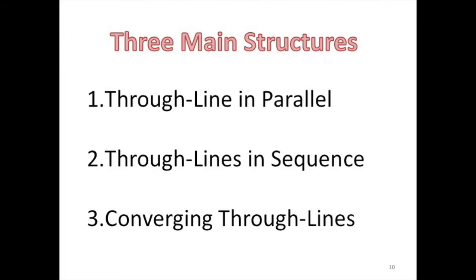Or there's through lines in sequence, where you typically have a group of people that come together and they're then split into their own individual storylines and reconverge at the climax. Or you have the converging through lines, where each character is introduced, they have their own storyline until you get to the climax, when the storylines converge to whatever the conclusion is.